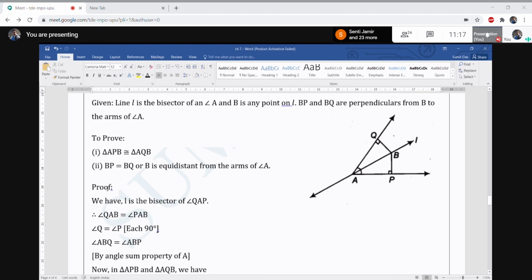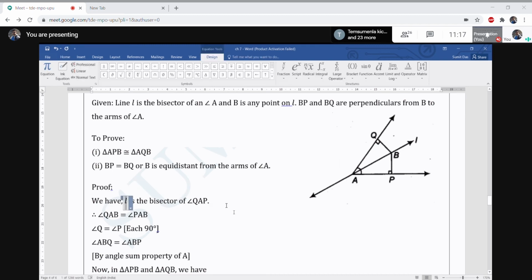Now we are given L is the bisector of angle QAP, right?